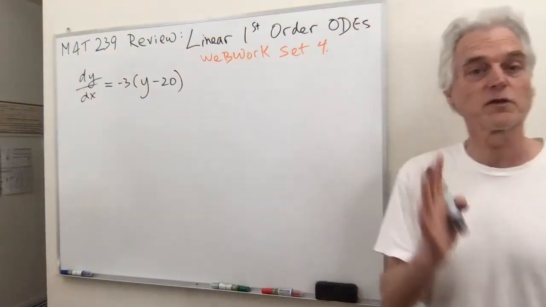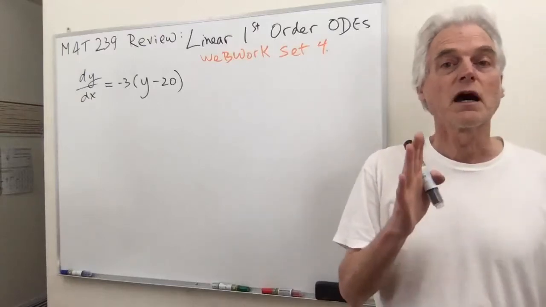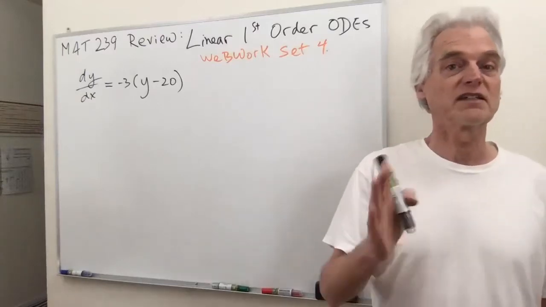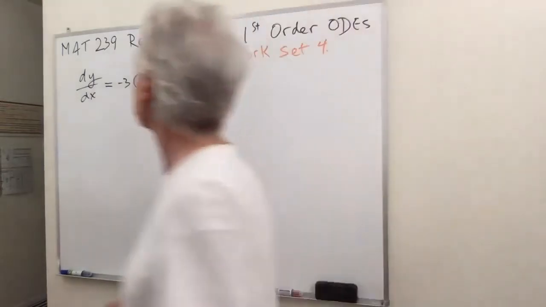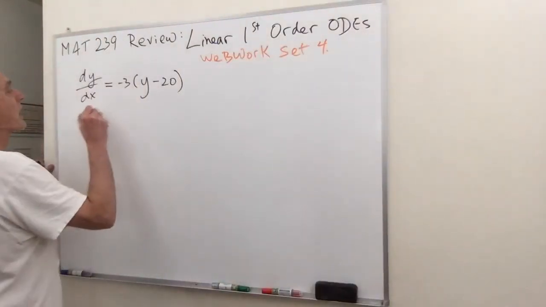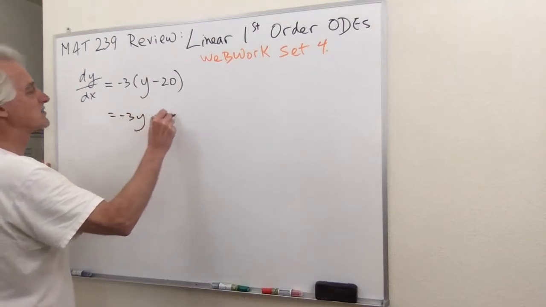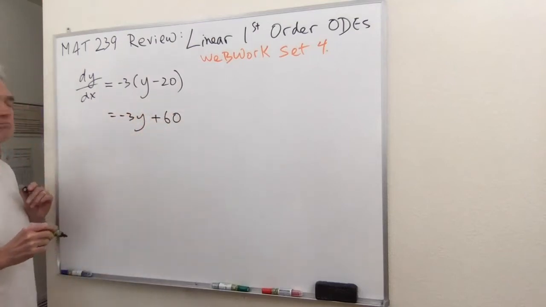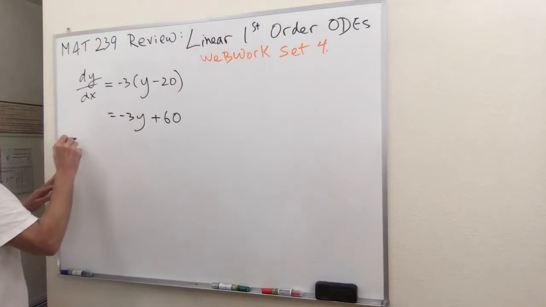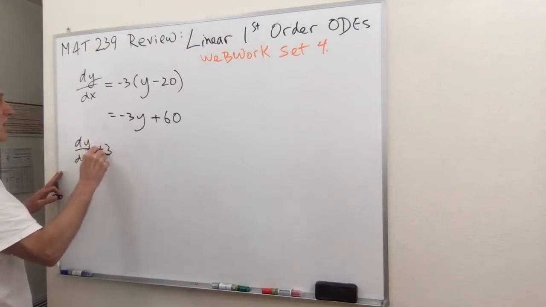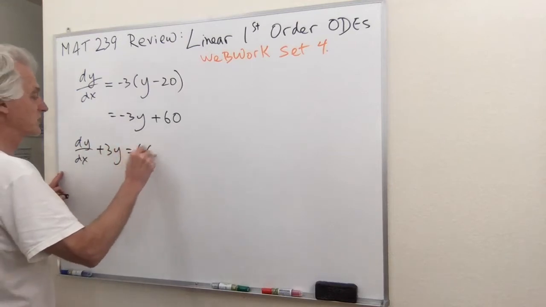Okay, so the first thing to do is to put this ODE into standard form. So the right-hand side is minus 3y plus 60. So this is dy/dx plus 3y is equal to 60.